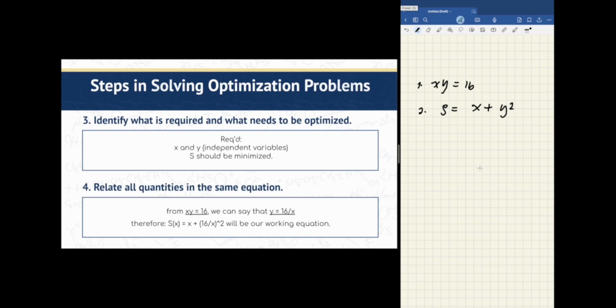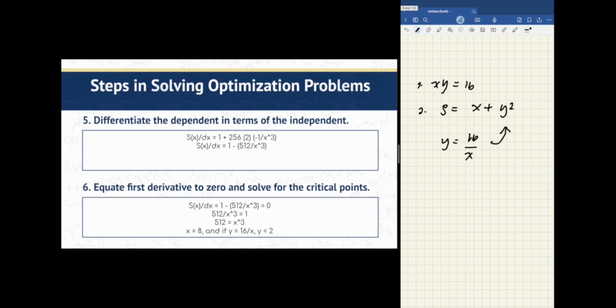And in this case, we want to express our y in terms of x. So based on the first equation, we will find y in terms of x. So that would be y is equal to 16 over x. And now we will substitute our y in terms of x in the equation, resulting in s of x is equal to x plus 16 over x quantity squared. So that will be our working equation.